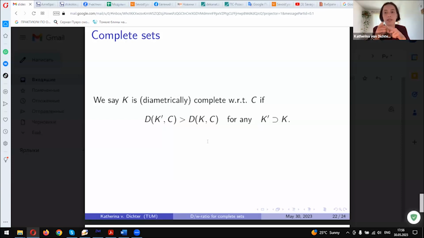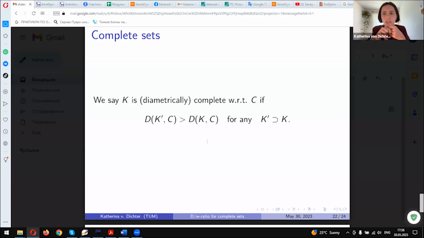Constant width sets are complete sets, but there are complete sets which are not of constant width. For the complete sets, we have the nice property that for any set, we can find an algorithm to provide you with a completion. So given a set, you can always find a complete set, which is not possible for the constant width sets.